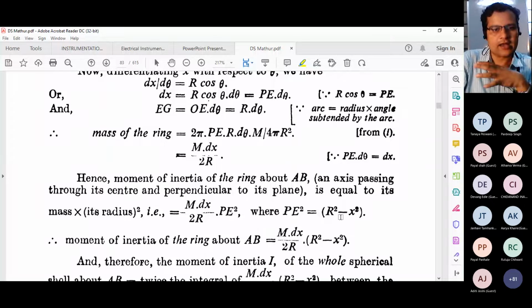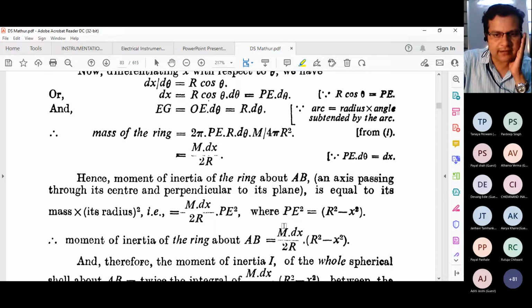We use the formula with the perpendicular distance from its plane, and that particular plane is passing through the center. So we can use mr square as the definition of the moment of inertia, and that mass multiplied by the radius square gives me the moment of inertia of this small ring or thin slice we consider.